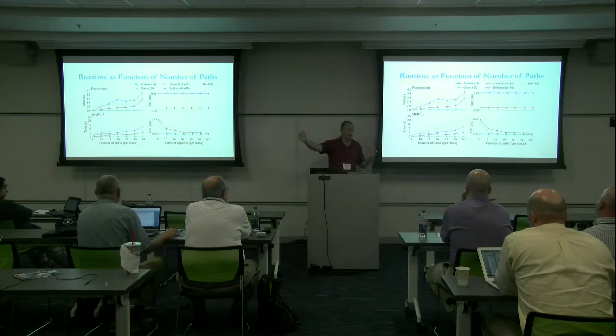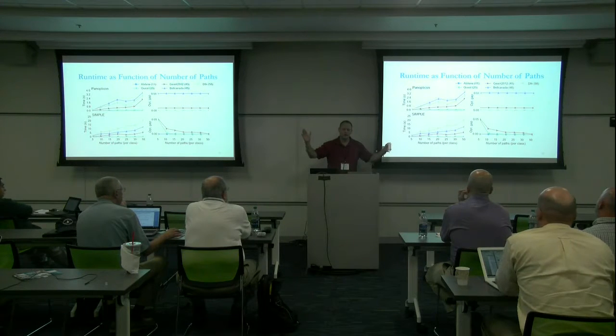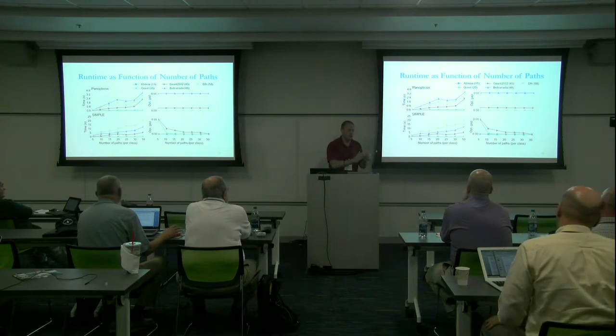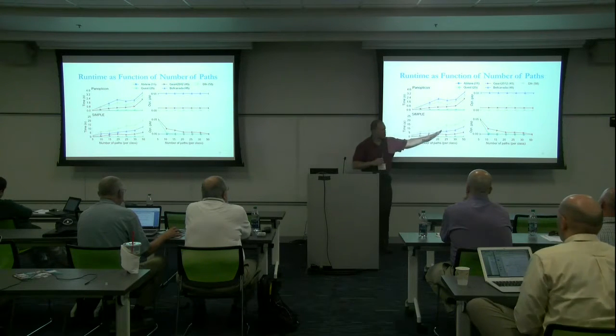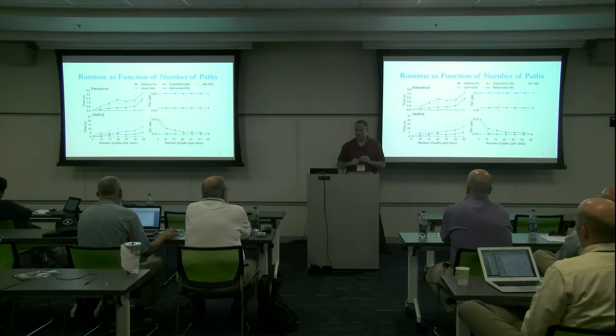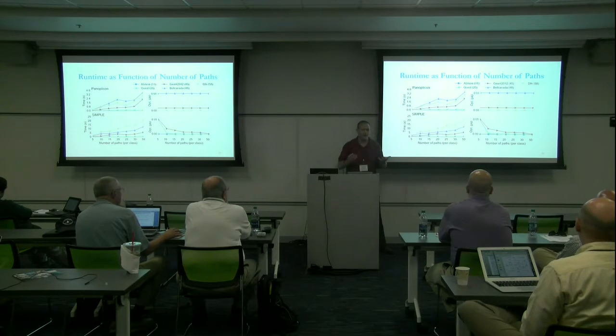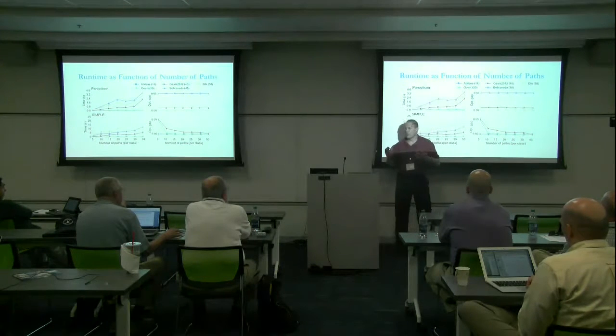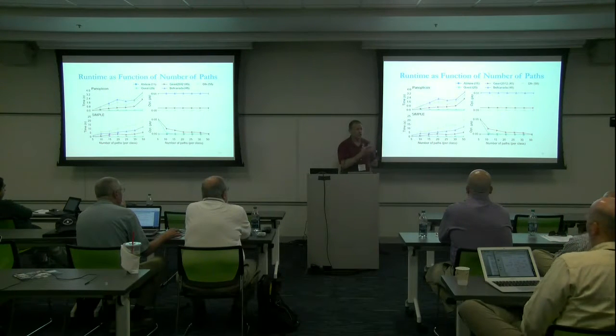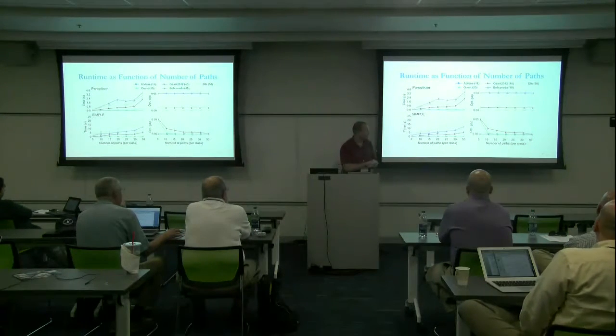Obviously, if you allow all the paths in your optimization, you get the optimal answer. It just takes a long time. Whereas if you downsample to 5 paths, you get an answer very quickly, but you sacrifice something in optimality. The right side shows you what you sacrifice in optimality. And what this shows is that, in fact, a lot of these problems allow you to downsample quite a bit. In this case, the optimality gap is only 1% across the board, even when you're using only 5 paths per class.